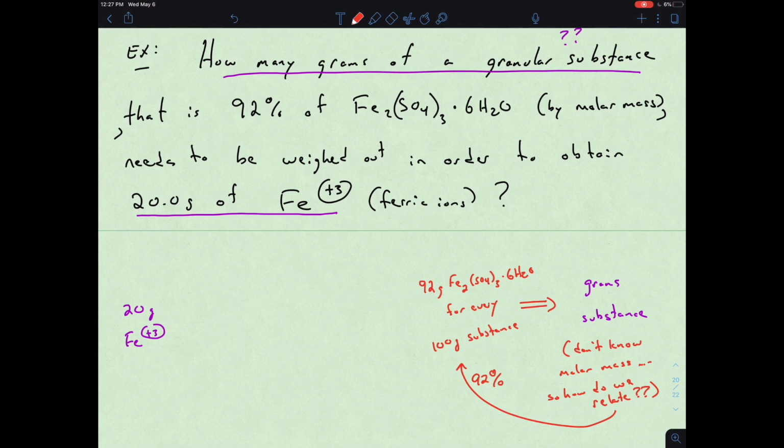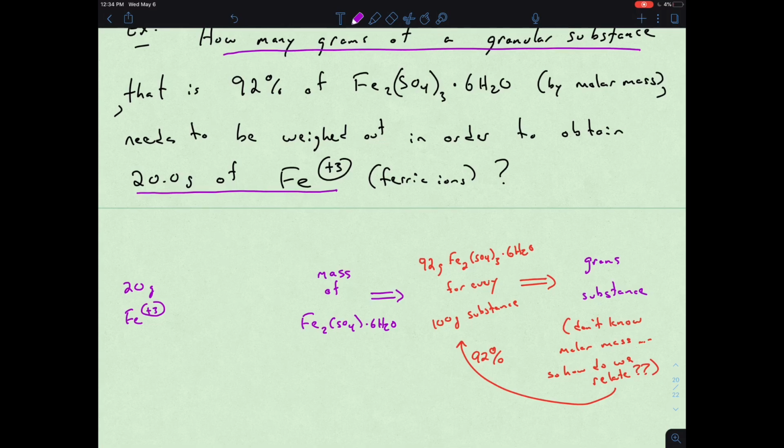So I need to get, somehow, in terms of this mass of the molecule. And now it becomes a connection to the earlier example. That means I know this now. So now that I get into the grams of the molecule, I know what to do. I got to get into mass of that ferric sulfate hexahydrate.